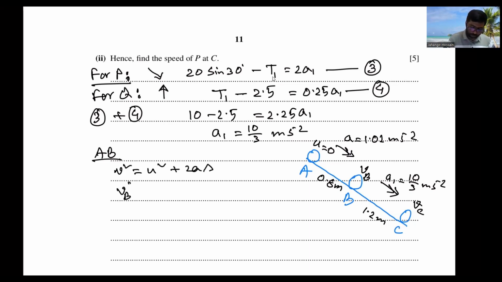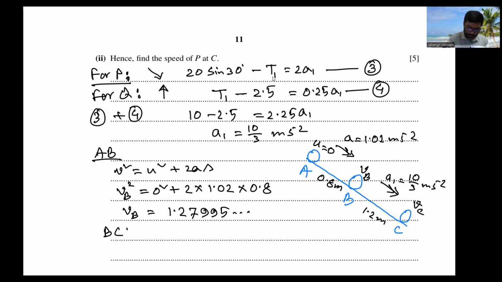So VB squared equals 0 squared plus 2 into 1.02 into 0.8. So VB will be 1.2795.